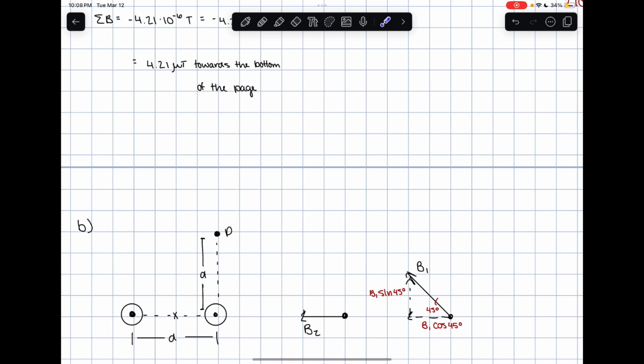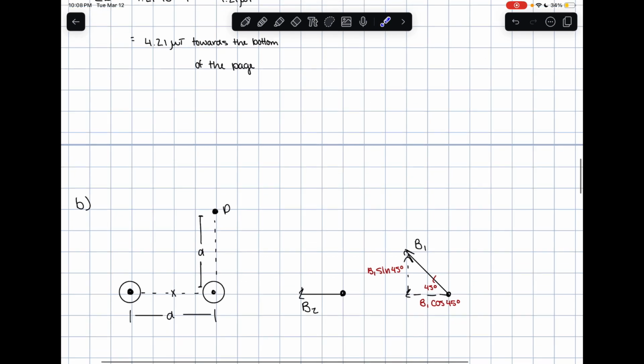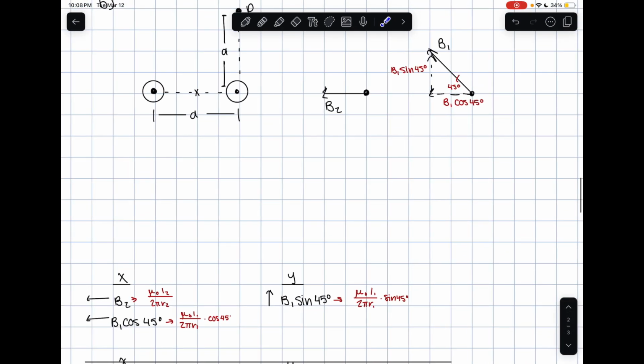Now, similar to what we would do with forces, let's just break these up into x's and y's to make everything a little easier. Obviously, if we start with the y first, it'll be easiest because we only have one vertical component of the magnetic field.